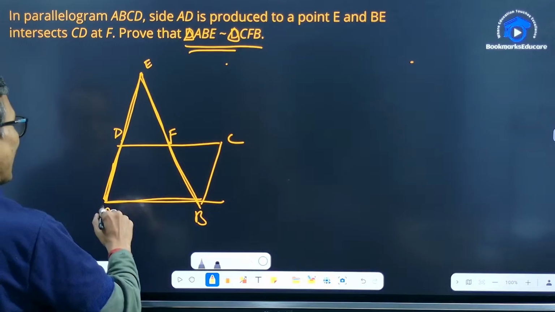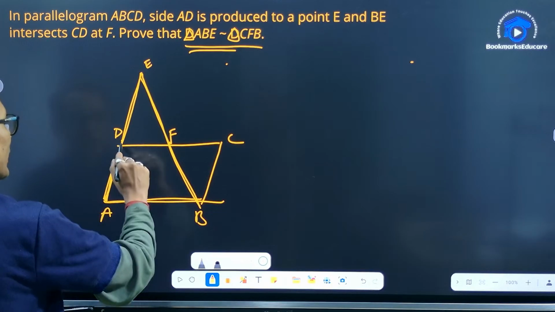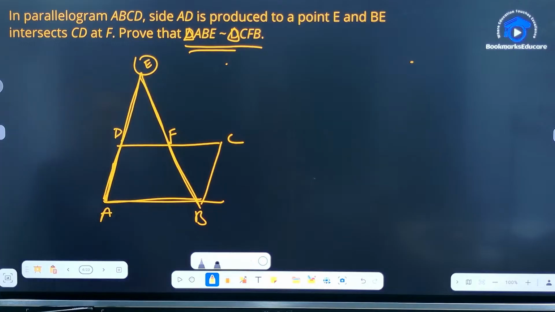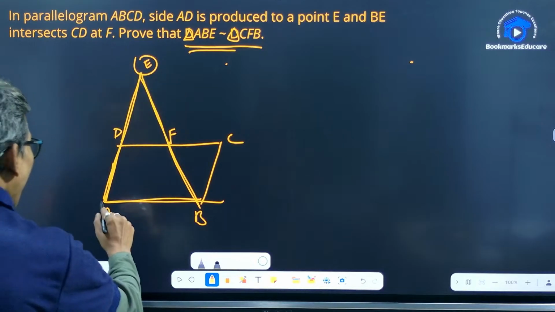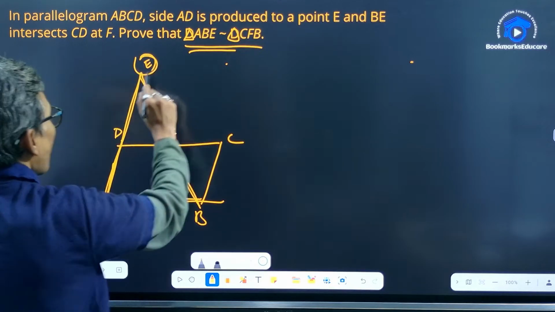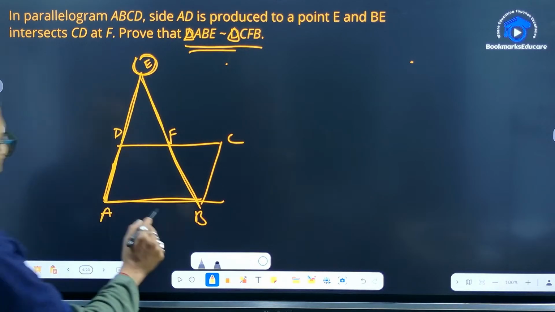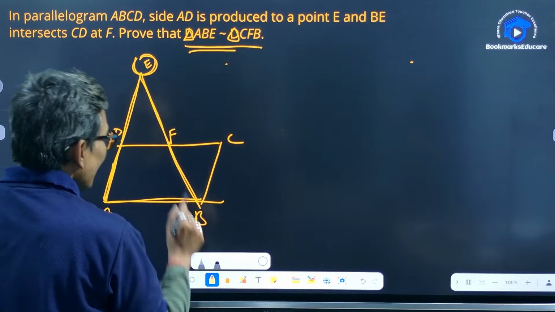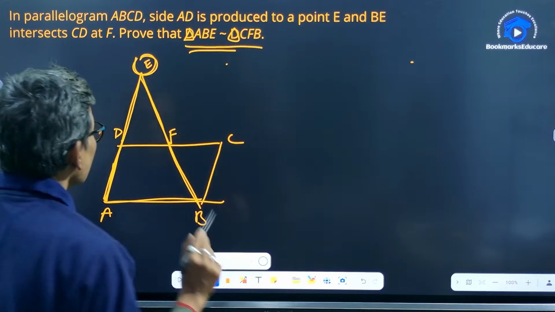So from A to D, it's going on to the point E. So AD is produced or extended to point E. Now joining BE lines, joining B comma E points.